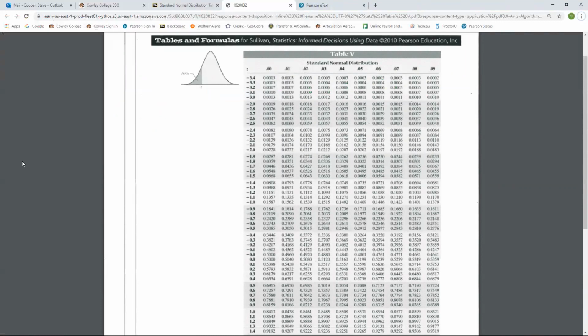Somebody that I haven't heard from yet, maybe see if you can find the area to the left of 0.4. Come on, guys. Alina put the answer in the comments. Oh, okay.